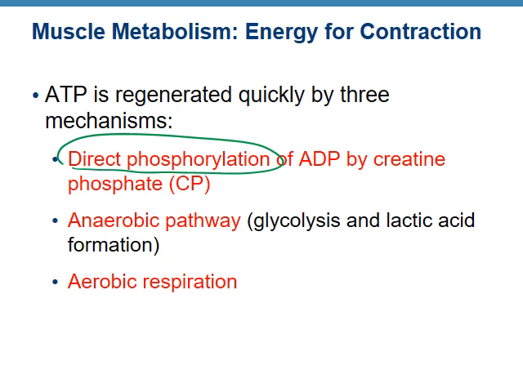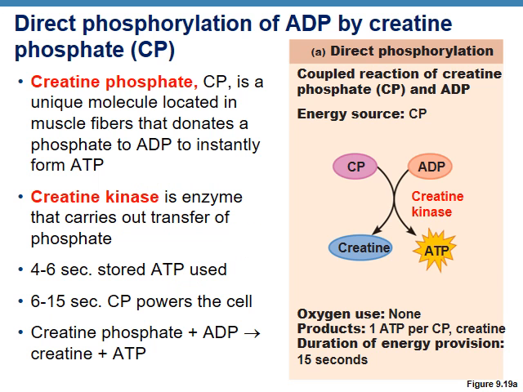Something called direct phosphorylation, anaerobic, this means not with oxygen, and then aerobic, which means with oxygen. With direct phosphorylation, we're using something called creatine phosphate. It has a phosphate group on it. And we're taking an enzyme called creatine kinase. And how do I know it's an enzyme?